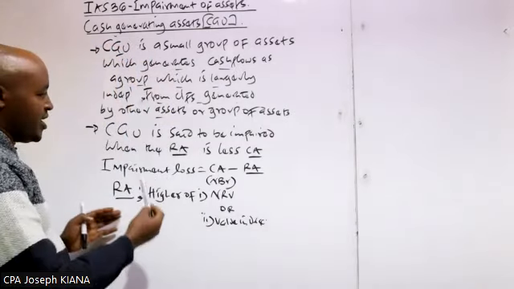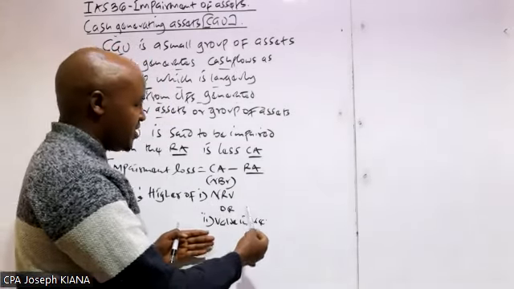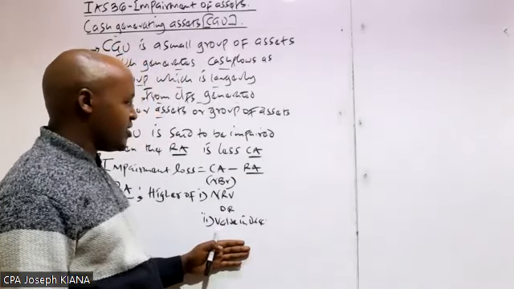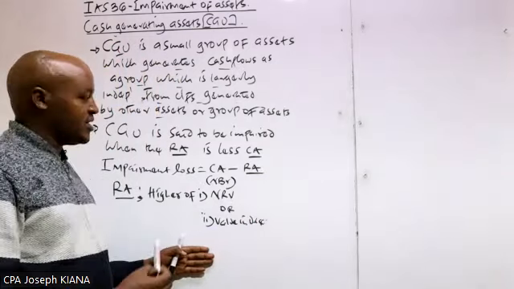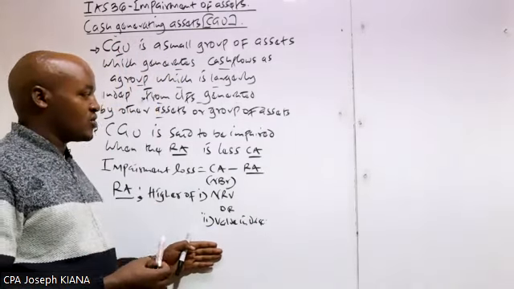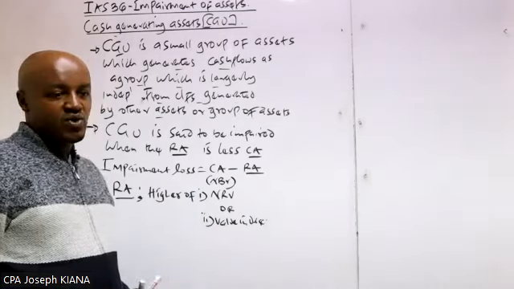So therefore, you can see that the impairment loss of a cash generating unit is determined in the same way as the impairment loss of an individual asset.